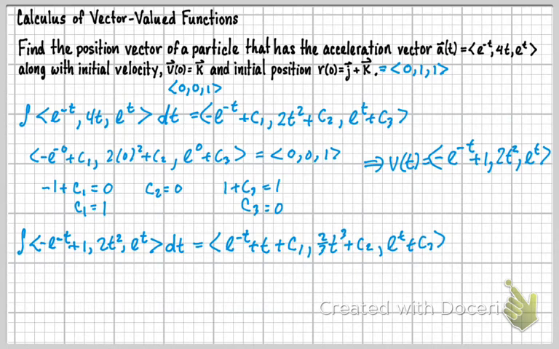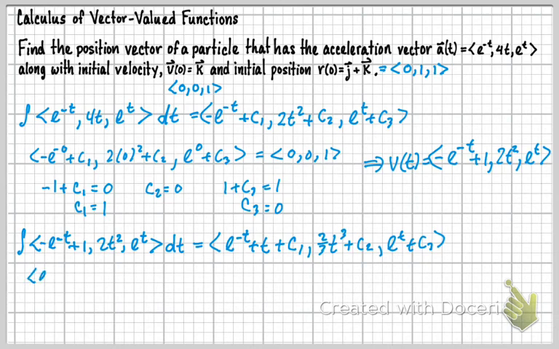Okay, so now we know that r naught equals 0, 1, 1. So we're just going to plug in zeros, because when I plug in 0 for t into r, I'm going to get 0, 1, 1. So we're going to use that same idea here again.